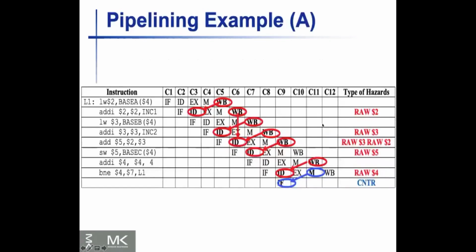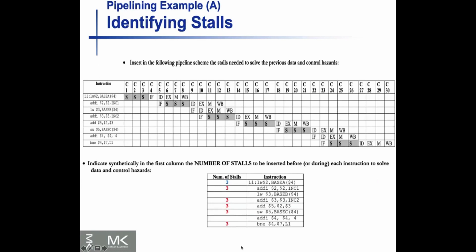You just have to find the arrows, put from and to with the arrow-like shape, and then write down the hazards. And then you have to guess how many stalls it takes, which is pretty easy, which is 3, 3, 3, 3 in a pipeline of 5. So you just come up with this. So this won't be given to you because it's messy to write.